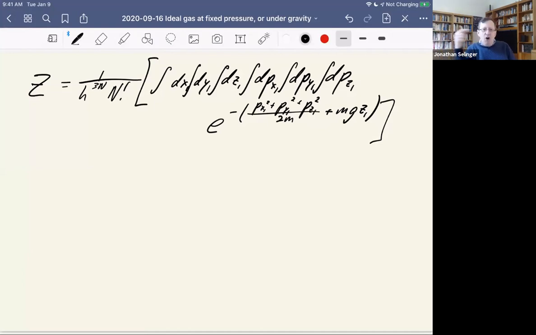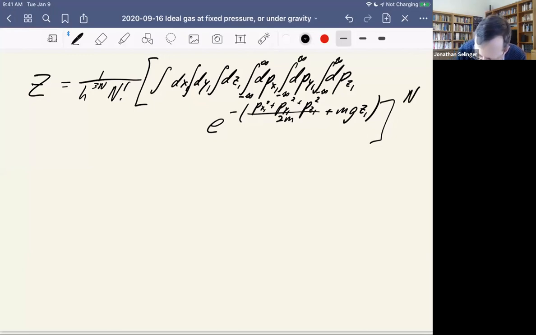It could be arbitrarily fast this way, infinitely fast that way. So each of these momentum integrals is from minus infinity to infinity. So all this to the n.